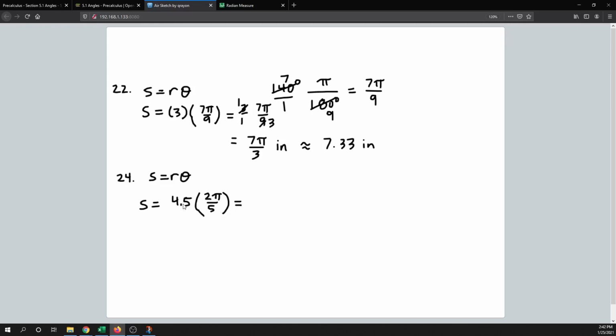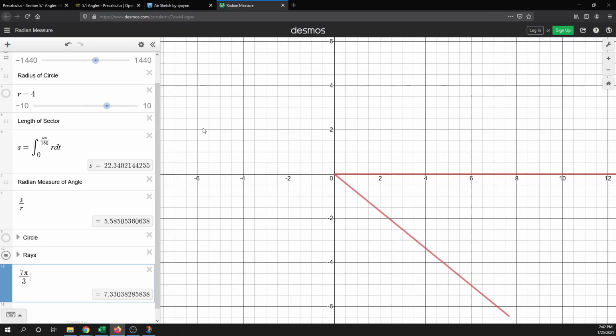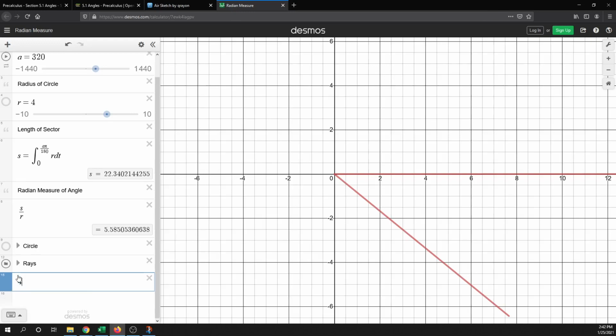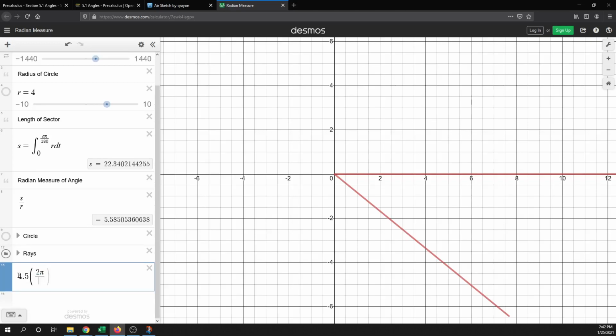Here, though, when they give you something like this 4.5, they probably want it as a decimal in the end as well. So let's go ahead and just multiply that out. It's not hard to turn this into a fraction and do it that way, but that's probably not something you'd be likely to do. So in this case, we're just going to go ahead and multiply it on out. 4.5 times 2 pi over 5, like that, and we get 5.65 to 2 decimal places.